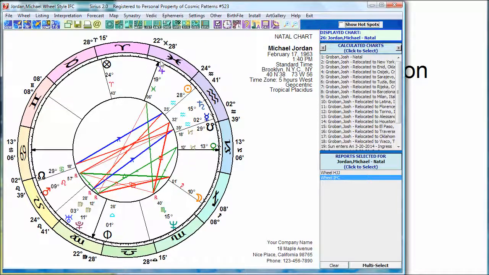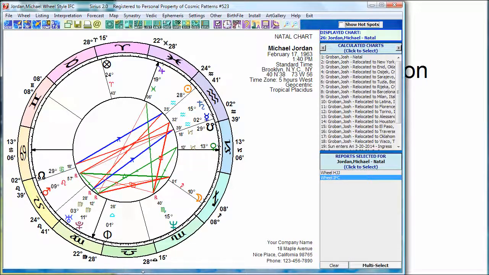The middle of the sky ends up not being in the middle of east and west. In the case of the date and time when Michael Jordan was born, this is the middle. So this is the 12th, 11th, 10th, 9th, these are called houses. So these sections, which are not 30 degrees each, are called houses.